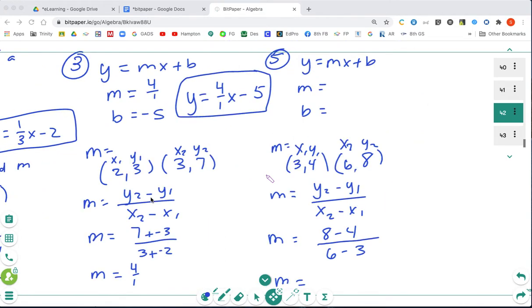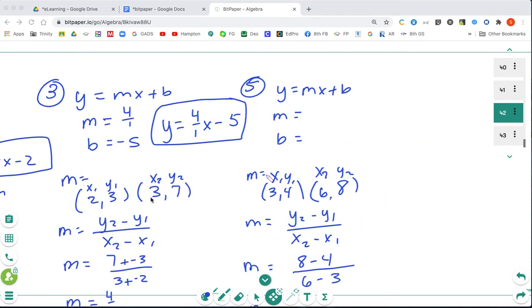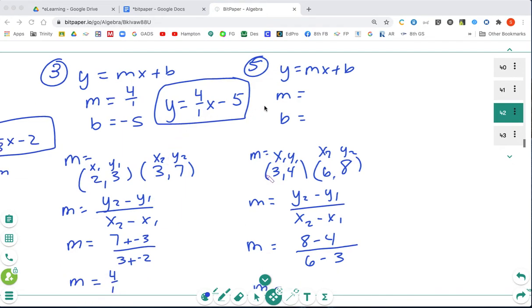So I'm going to go ahead and write my formula. Y equals mx plus b. M equals, b equals. Here are my 2 ordered pairs. x1, y1, x2, y2. I'm going to do my substitution step.